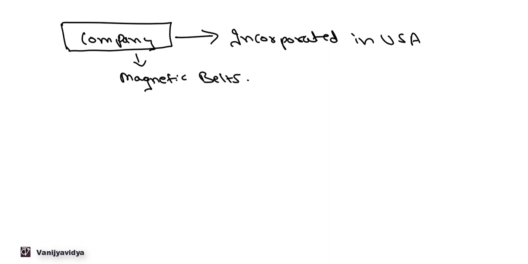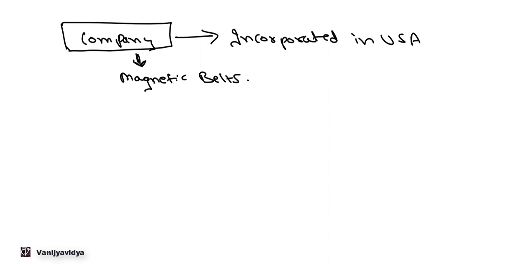Now what it does, it has a format of membership, that is the people from anywhere in the world can be members of this company, and then those members can sell the magnetic belts to the other people in their country or anywhere outside the country.